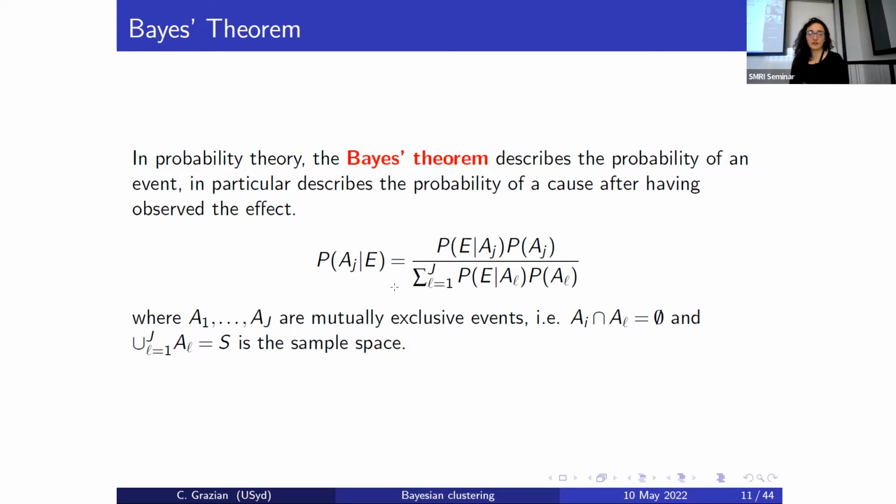It gives the probability of causes after having observed an effect. Supposing that we observe an effect and we want to compute the probabilities of each possible cause, where causes are mutually exclusive, then we can use the Bayes theorem to compute this probability.